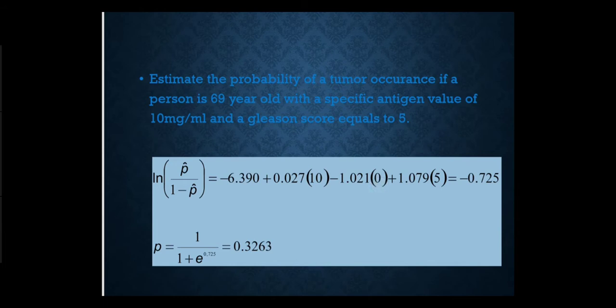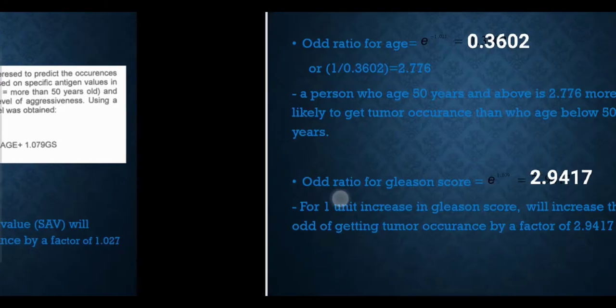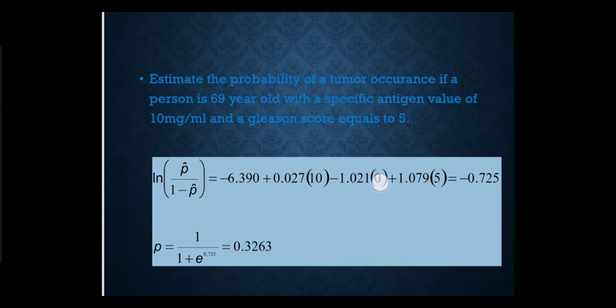Because the age of the person is 69, which is more than 50. Sorry, betul lah, more than 50 years old is 0. Okay, 0 kat sini. Okay, and then 5 adalah nilai Gleason Score.